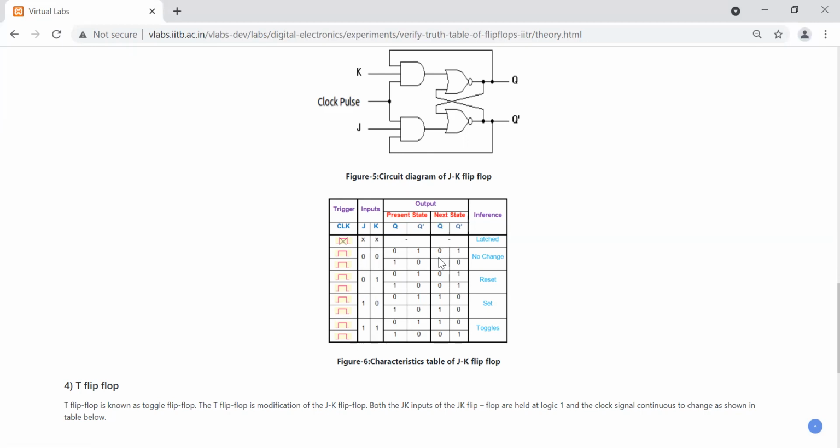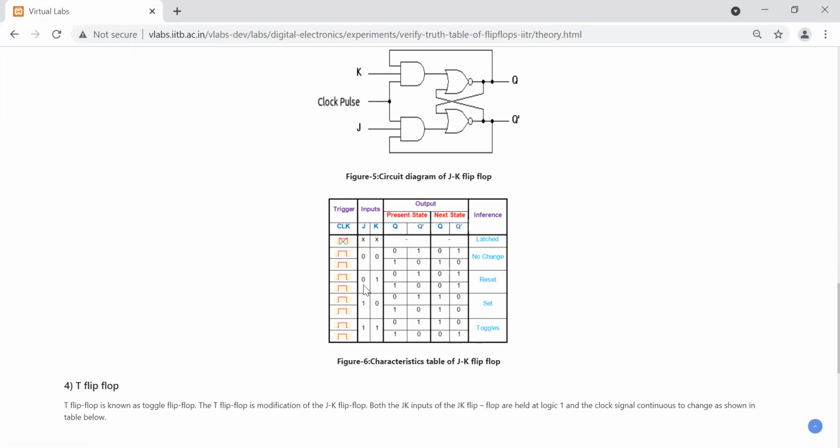So here we can see in the present state output is Q, in the next state it is having the same value, and in the present state if the output is 1, the same will follow in the next state. So there will be no change in the output state. The output will hold. The output will carry its earlier value.